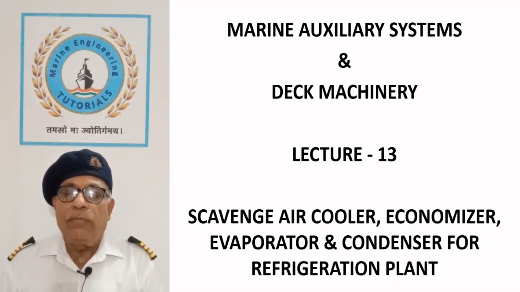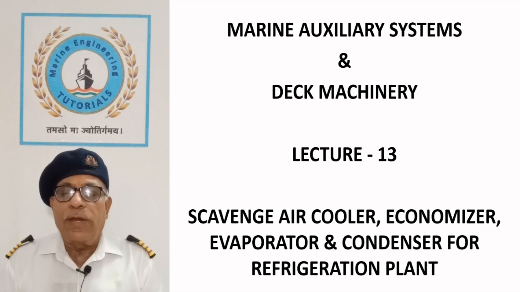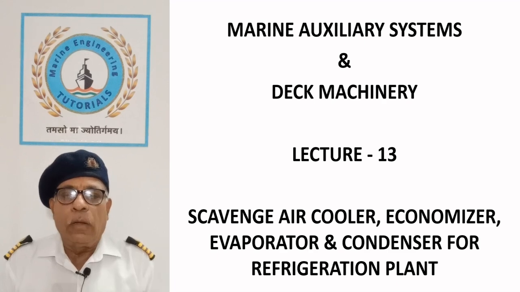Then we will learn about grid coil evaporator. Next we will learn about construction and operation of shell and tube type condenser. Lastly, we will discuss selection of heat exchangers for various ship services. Let's discuss these through the following slides.